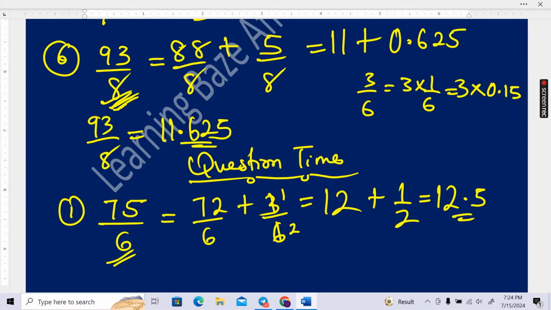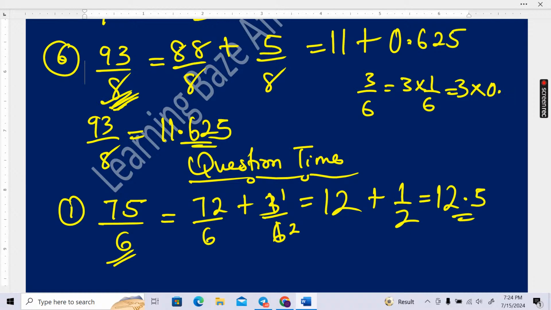That should give you 0.15, or 0.333 times 2, which will give you 0.666.